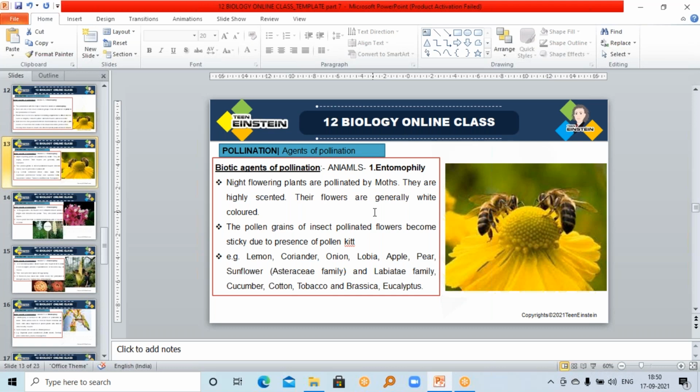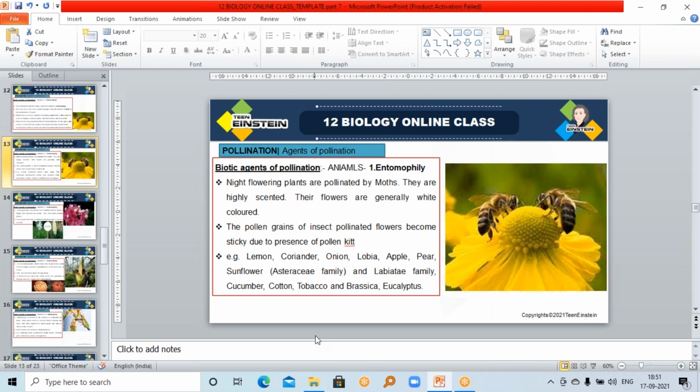And the pollen grains of insect pollinated flowers become sticky due to the presence of pollen kit. What is pollen kit? Pollen kit consists of lipid and carotenoids. Note down, lipid and carotenoids, a sticky substance which helps the pollen grain stick to the body of these insects, creating the sticky appearance of the pollen grains.